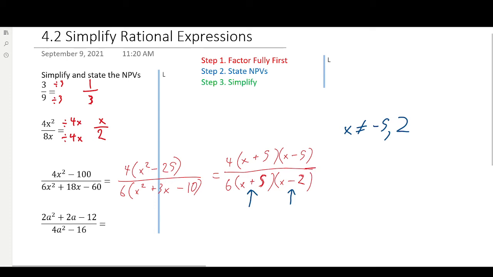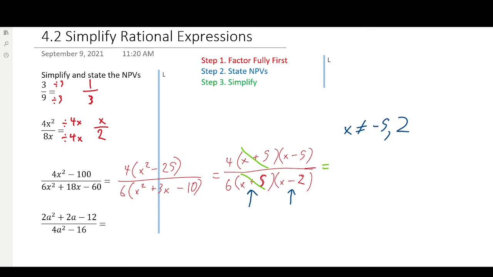And then we look at simplifying. So what can we do to simplify? Well, if you see the same thing on the top and the bottom, you can cancel those out, cross those out. And you can also look at your constants and see if those simplify further.